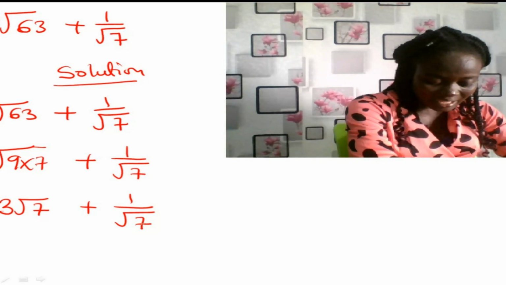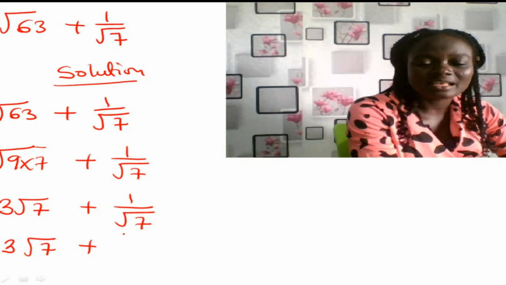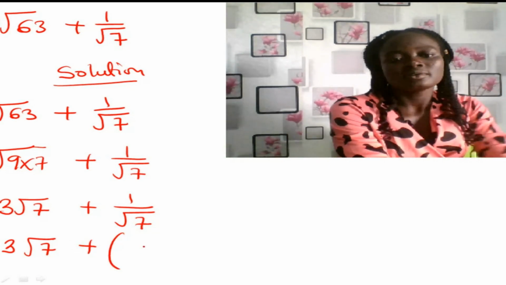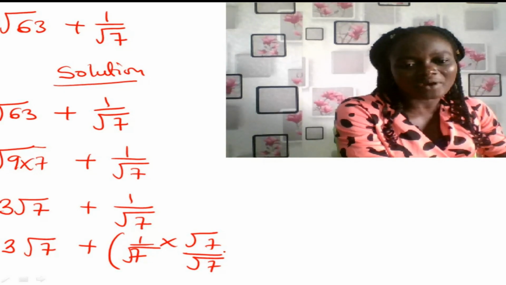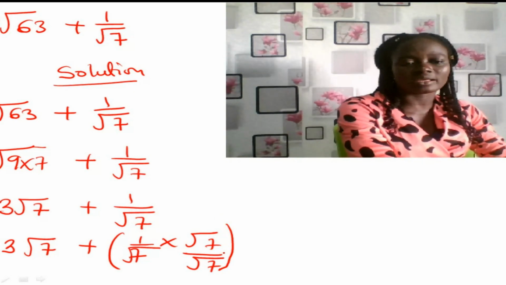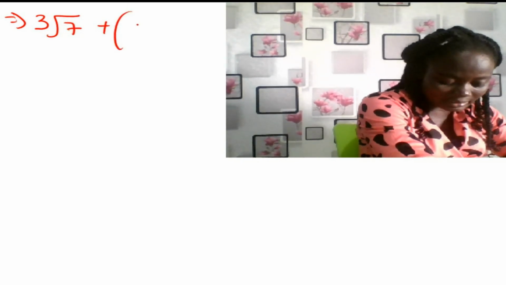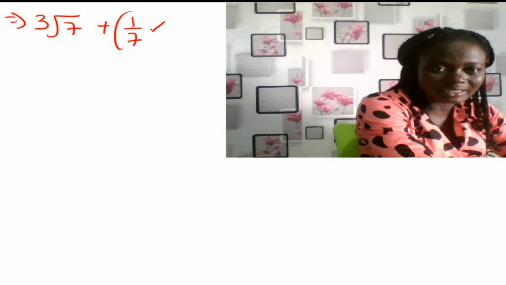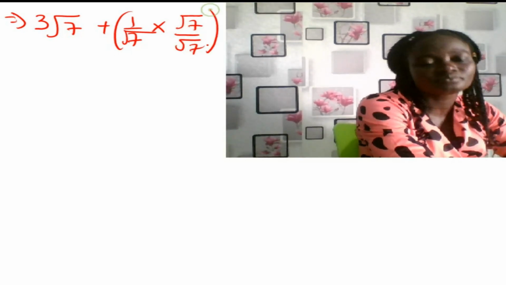So this is going to give us 3 root 7 plus, let's bring a bracket, 1 over root 7 times root 7 over root 7. We close the bracket afterwards. So this will further give us 3 root 7 plus bracket 1 over root 7 times root 7 over root 7.